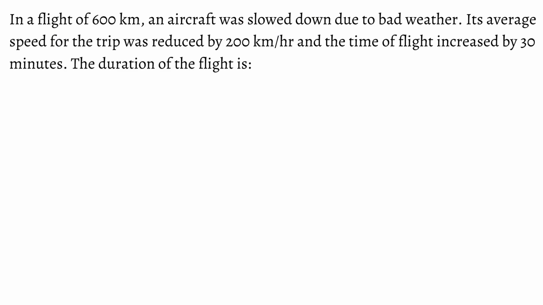In a flight of 600 kilometers, an aircraft was slowed down due to bad weather. Its average speed for the trip was reduced by 200 km per hour and the time of flight increased by 30 minutes. The duration of the flight, let's say, is x hours. Then the speed was reduced by 200 kilometers.